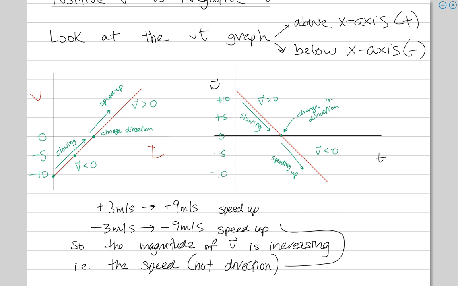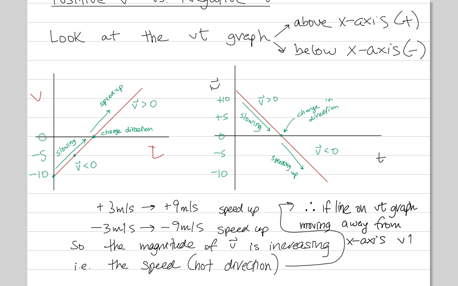All right, so therefore, if the line on a VT graph is moving away from the x-axis, you are speeding up.